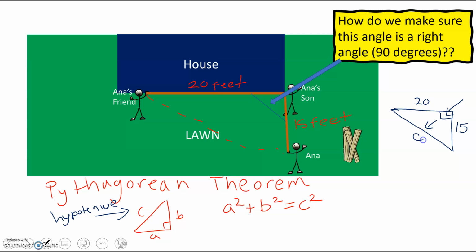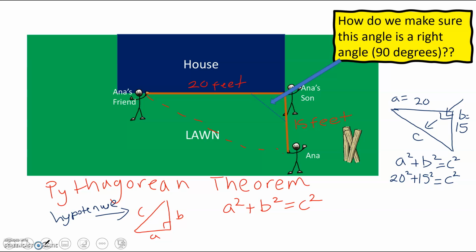So we're going to call it C. So using the Pythagorean theorem, A squared plus B squared equals C squared, we're going to write A as 20, B as 15. So we have 20 squared plus 15 squared is equal to C squared.